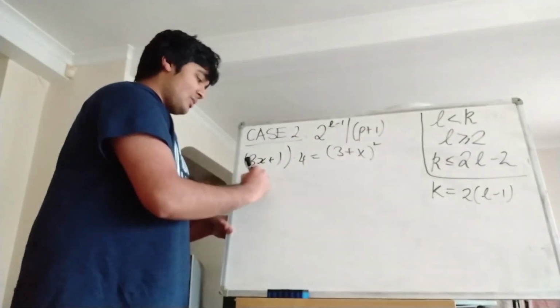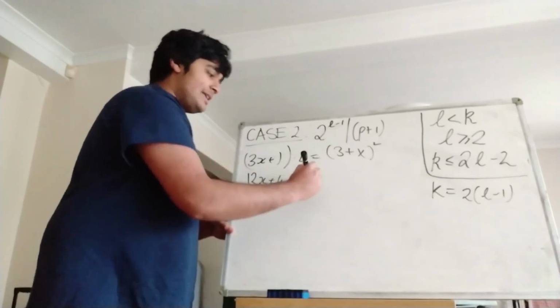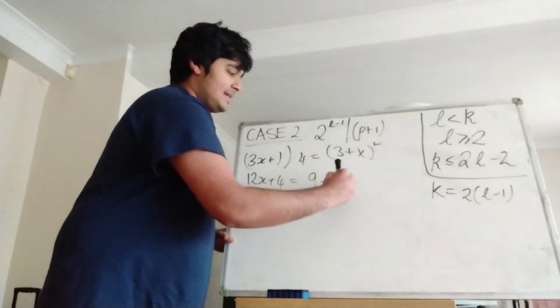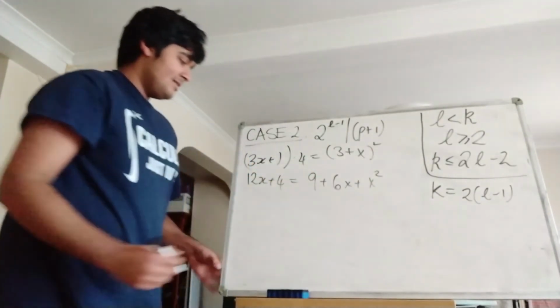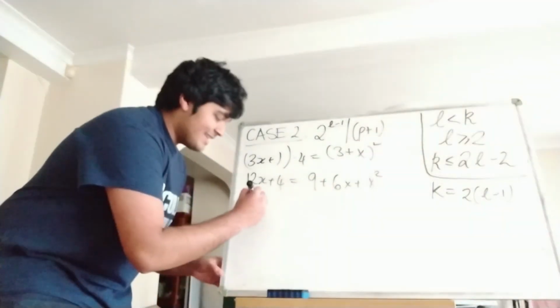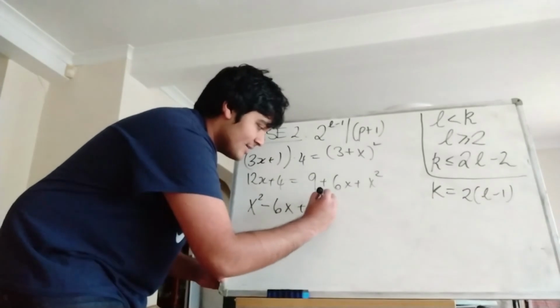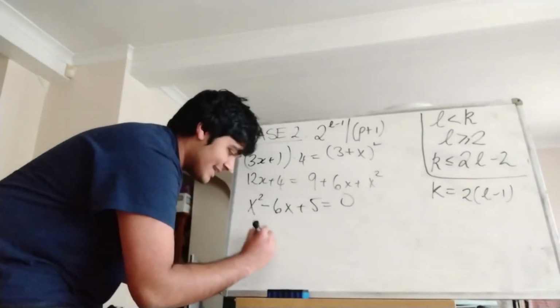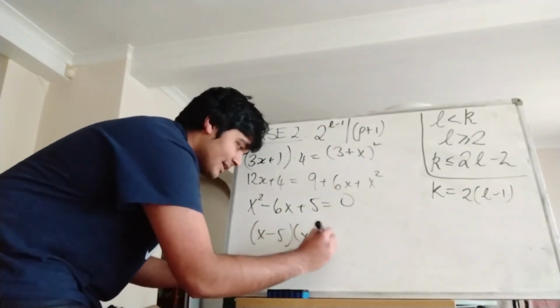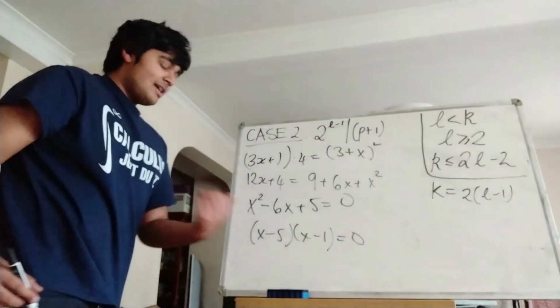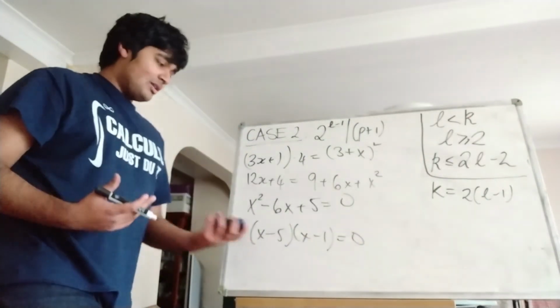So this thing here is just 12x + 4, and that equals 9 + 6x + x². Bringing everything onto one side, we get that x² − 6x + 5 equals 0, and this of course factors as (x − 5)(x − 1) equals 0. And then the only solutions to this are 5 and 1, obviously.